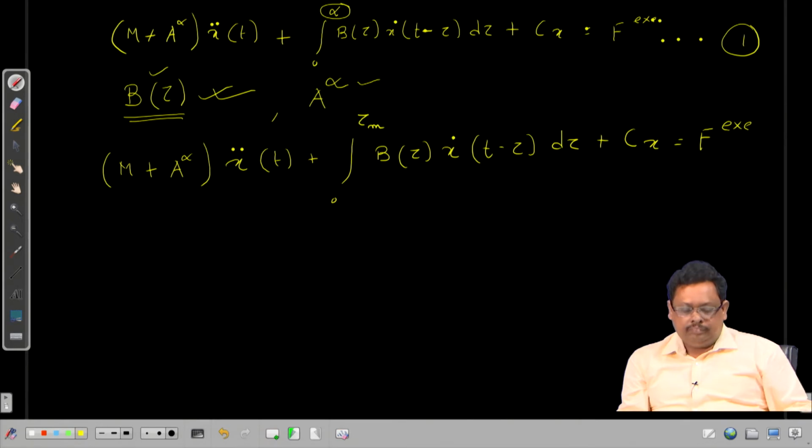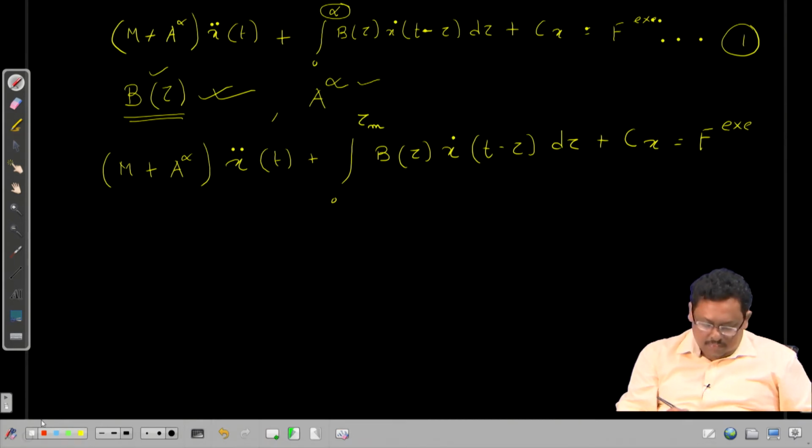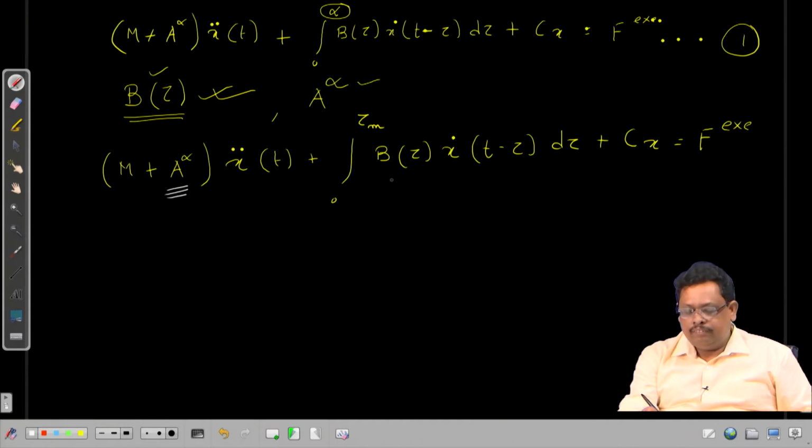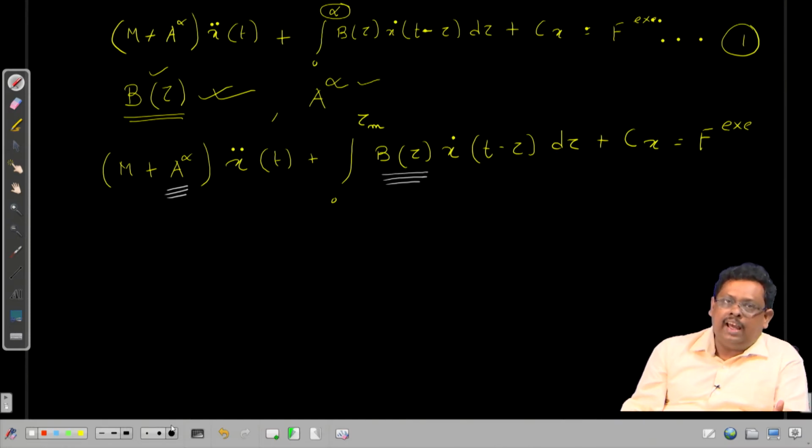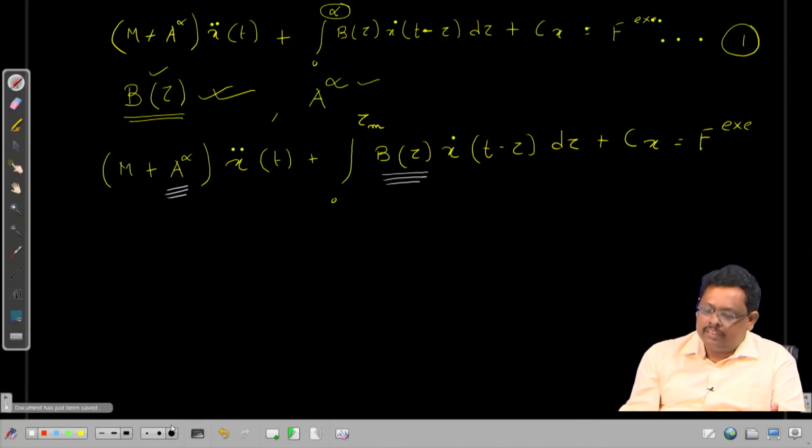Now, we know how to get this, but we still need to know many more things before actually solving this equation.